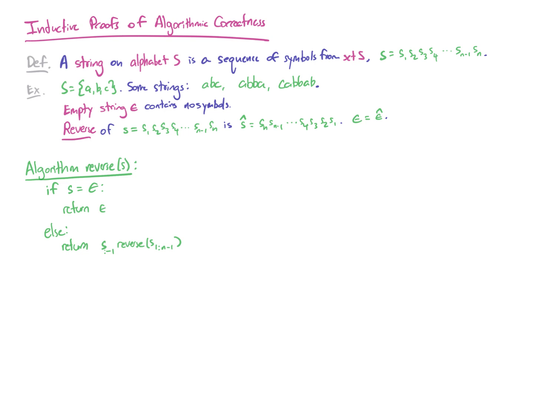Otherwise, if s is not the empty string, we are going to return s minus 1, so that's the last character of s, and then we are going to call reverse on the remainder of s. So that's all of s except the last character.